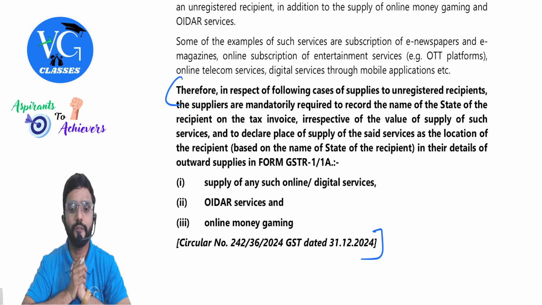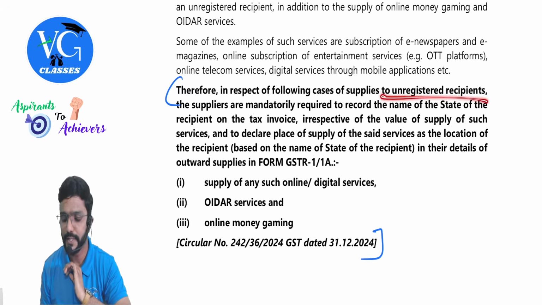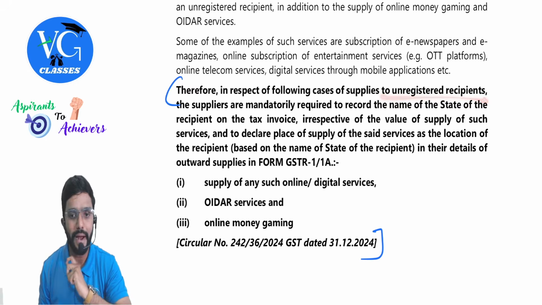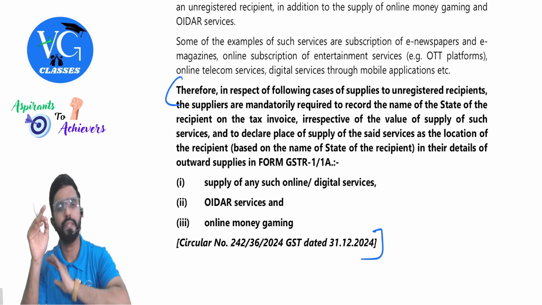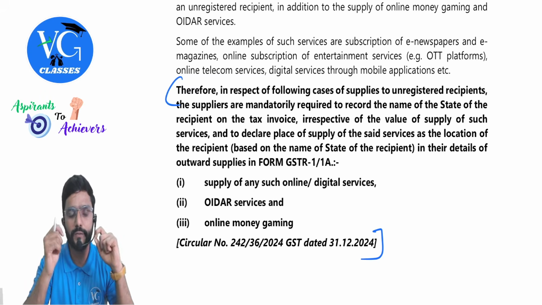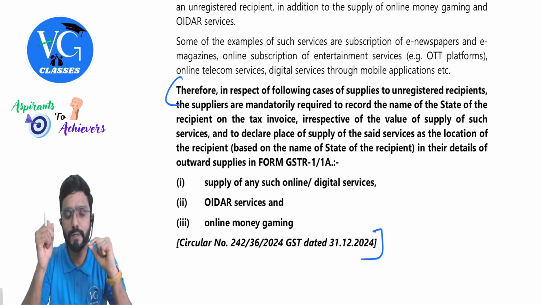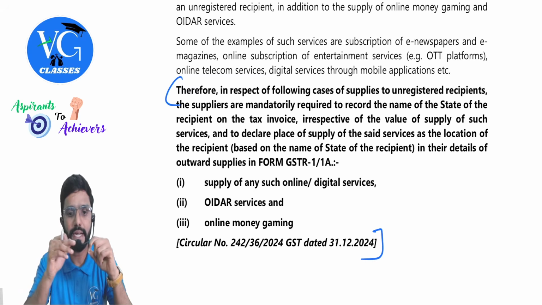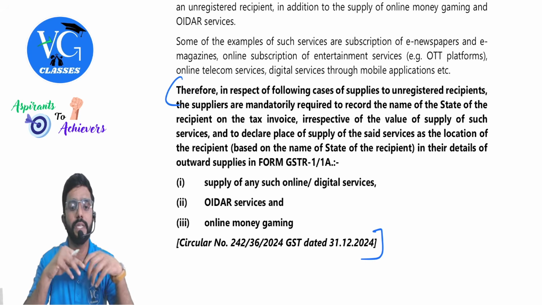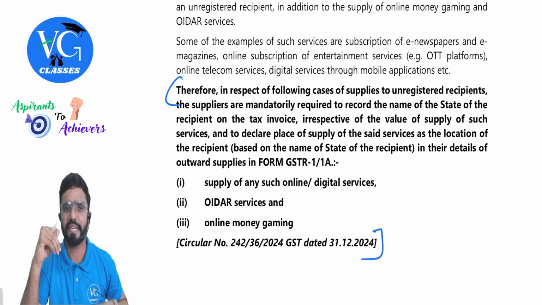Therefore, in respect of following cases of supplies to unregistered recipients, the suppliers are mandatorily required to record the name of the state of the recipient on the tax invoice, irrespective of value of supply, whether it is less than 50,000 or more than 50,000, doesn't matter, of such services, and to declare place of supply of said services as what? Location of the recipient, based on the name of the state of the recipient in their details of outward supply in form GSTR 1 or 1A, that is in returns, guys.